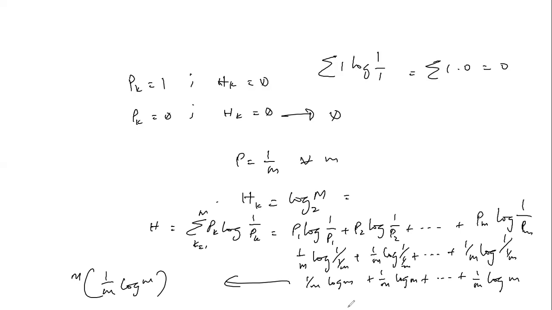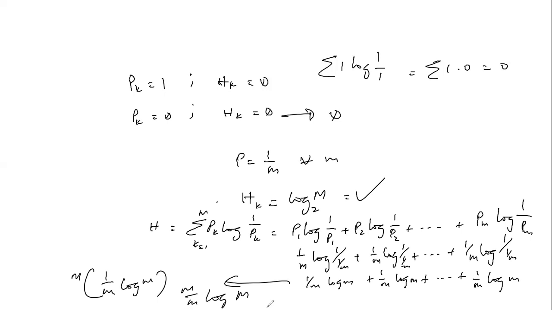By the time we add all of them to the mth entropy, this will now give us m over m log 1 over m. Log m rather, sorry, not 1 over m anymore. So log m.